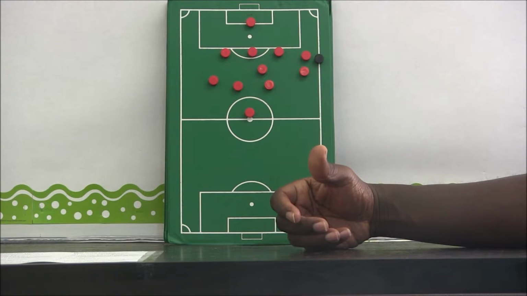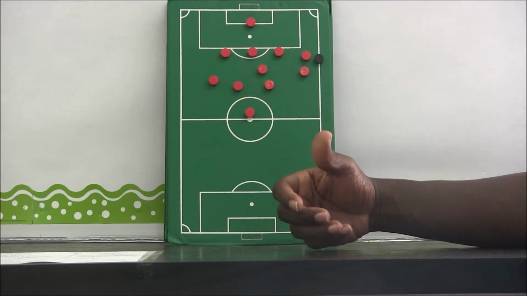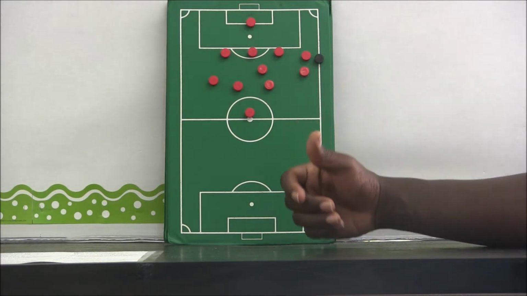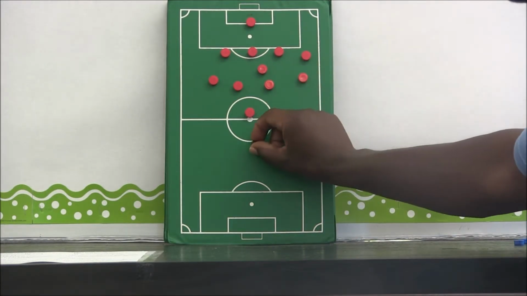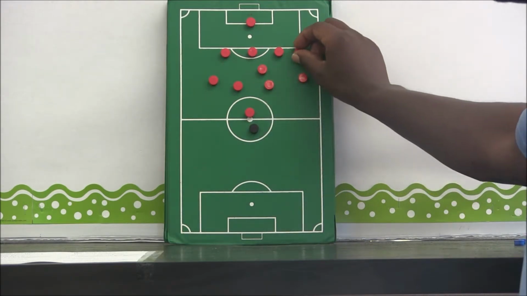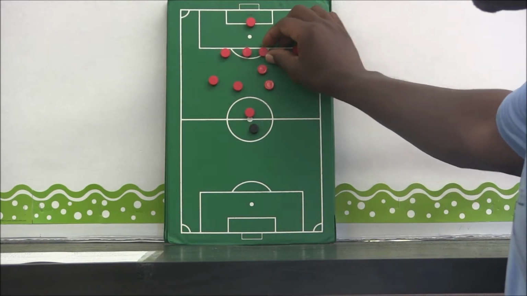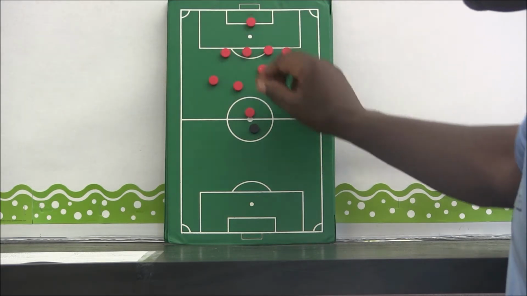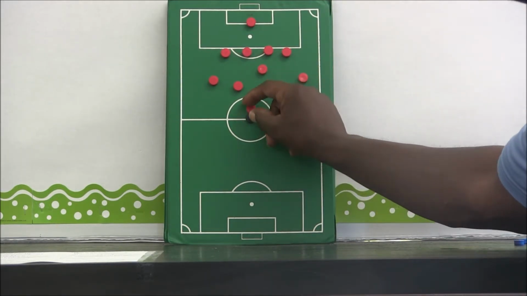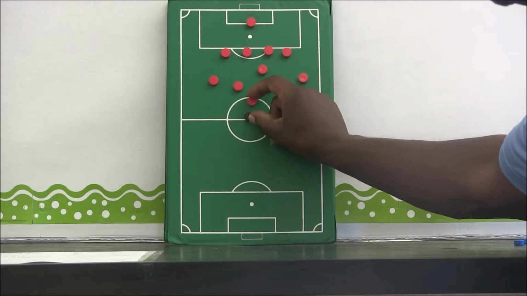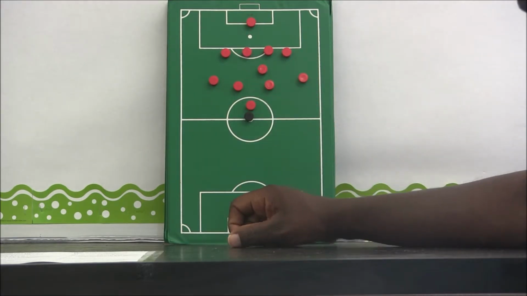Our primary goal in our defending third is to make sure that we stay compact. So say the ball is in the middle of the field, then our center forward has that initial responsibility of pressuring.